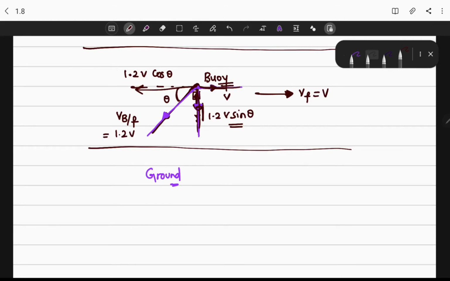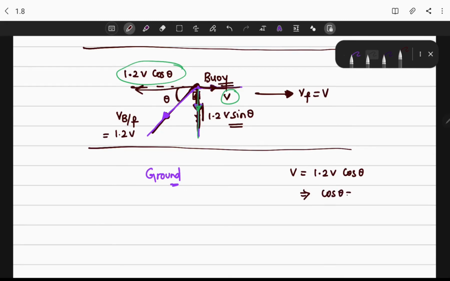Now we know that boat B has the motion in this particular direction, so it will not have a component of velocity in the perpendicular direction, so we can equate both these velocities. If we equate them, we get v equal to 1.2 v cos theta.